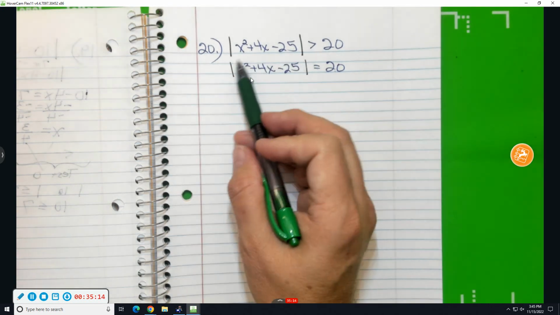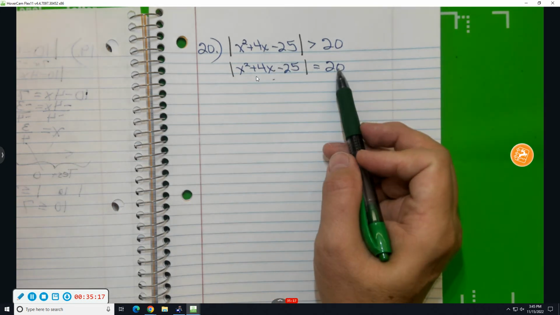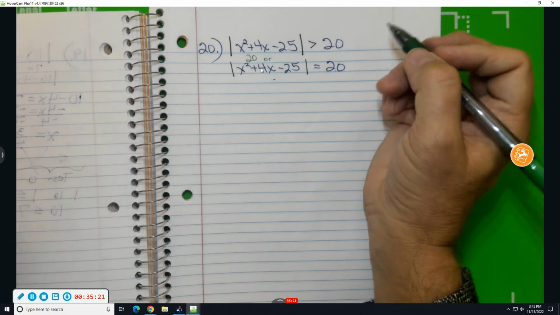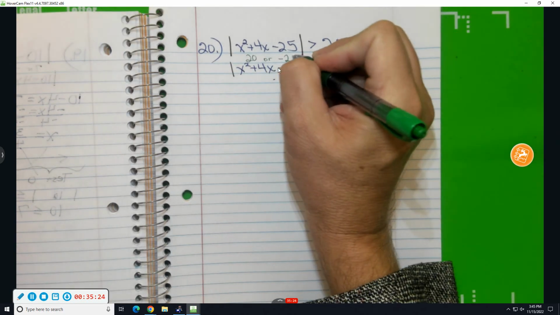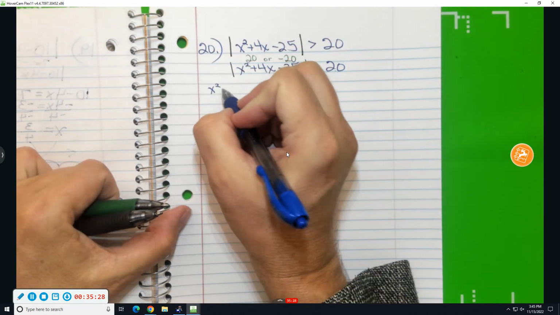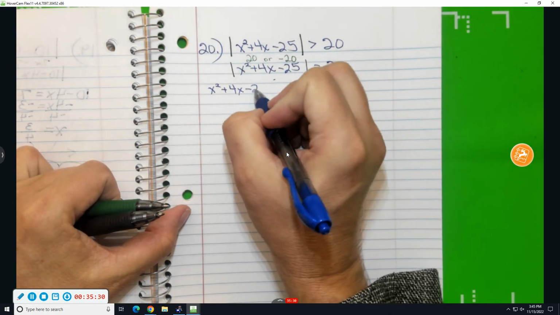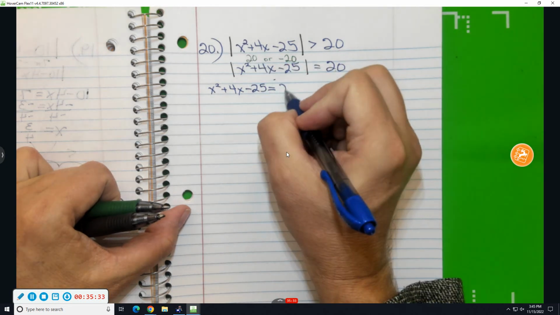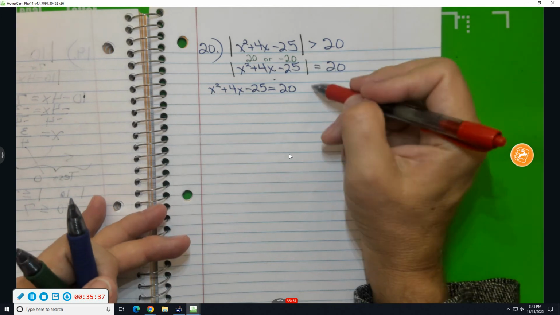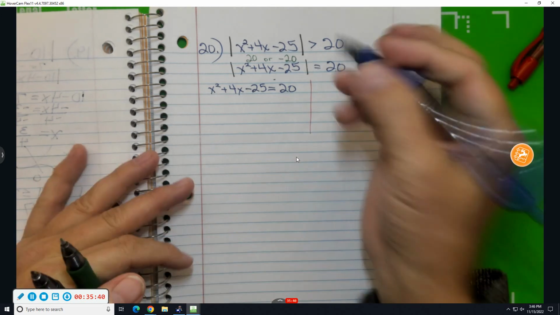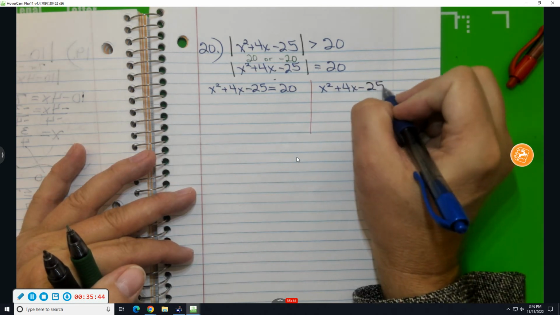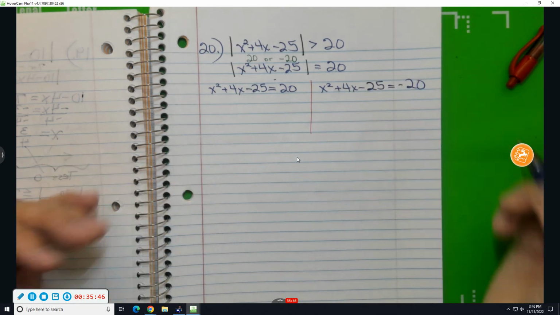That means, to equal 20, you have to have either 20 or what? Negative 20. So you set x squared plus 4x minus 25 equal to positive 20, or x squared plus 4x minus 25 equal to negative 20.